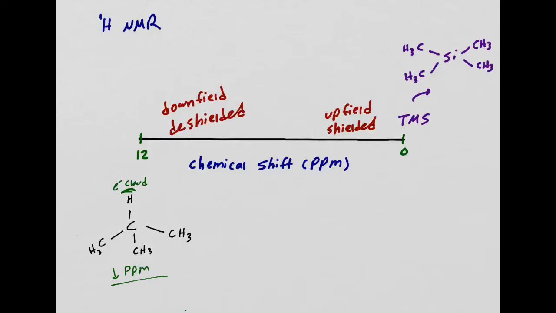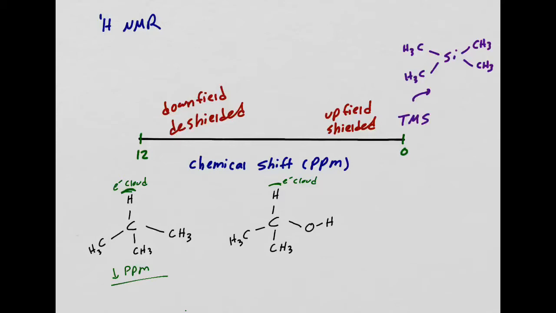Now what I'm going to draw, I'm only going to change one variable, not the rest. Now I'm going to put OH here. Okay. And again, we have an electron cloud around the hydrogen. But here's the deal.